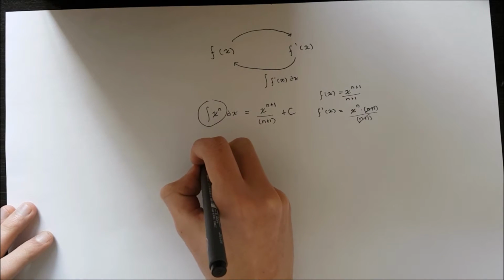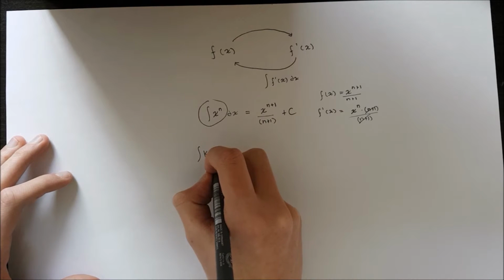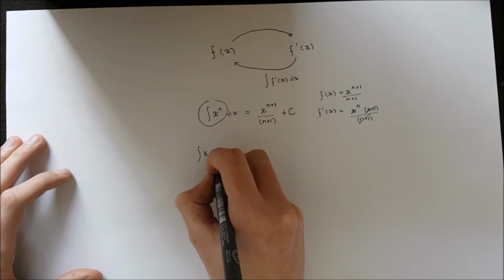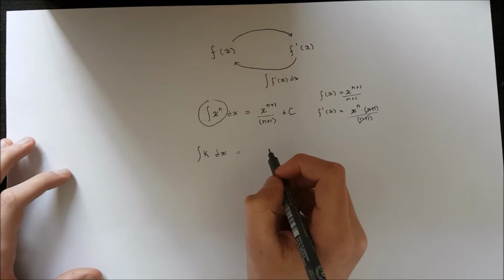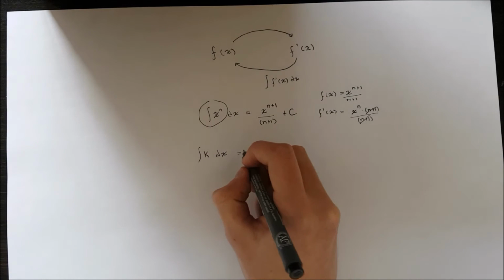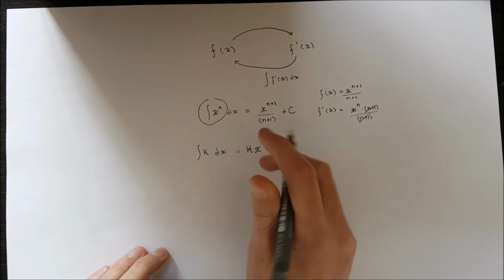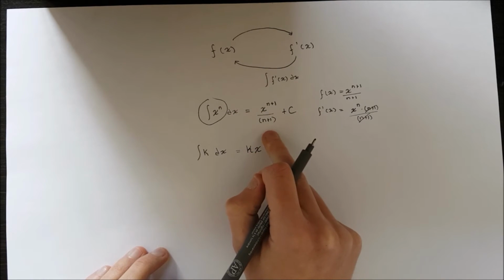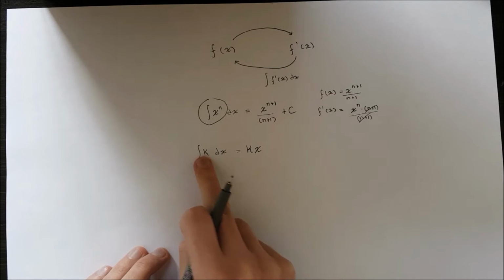Let's say we had the integral of k dx, so a constant. What do we take the derivative of to get just a constant? Well, k multiplied by x. Taking the derivative of this, the x is going to disappear because it's to the power of 1, so it becomes the power of 0, which is just 1, times k, so that's going to be k.